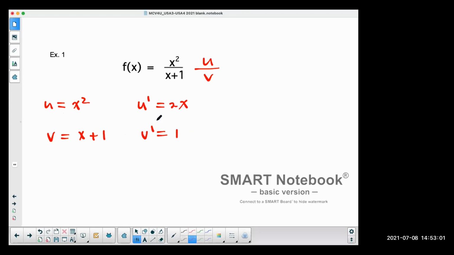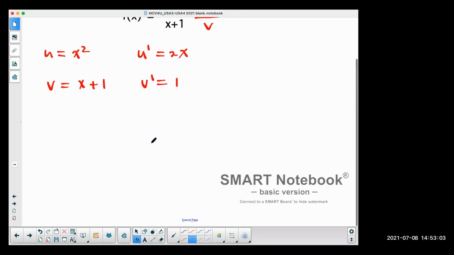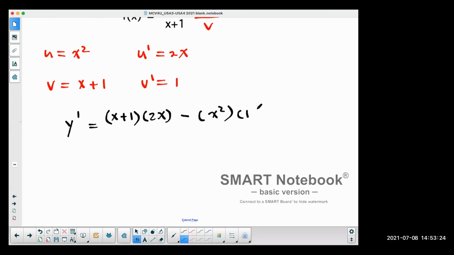Now, again, I have the four things. I just have to fill in the formula. The formula states that I do bottom up. So I start off with the bottom. I write it down in the numerator. Then I multiply by the derivative of the top, subtract the top times the derivative of the bottom, all divided by bottom squared.